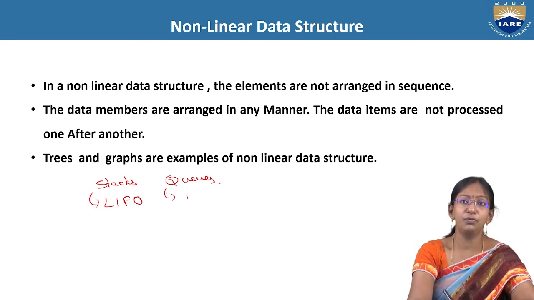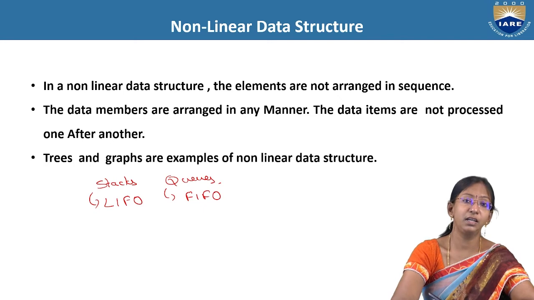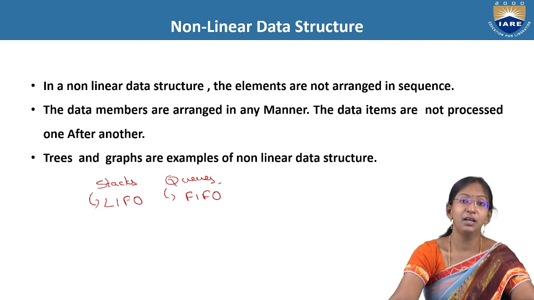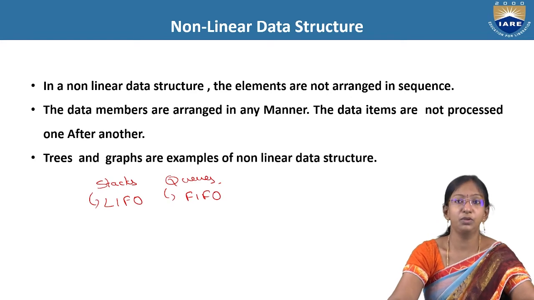Queues follow first in, first out. They work from both ends, but the work and responsibility of each end is defined. The rear end is used to insert the data, whereas the front end is used to remove the data. These two are linear data structures.